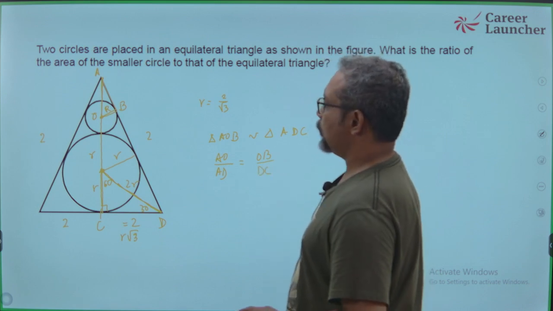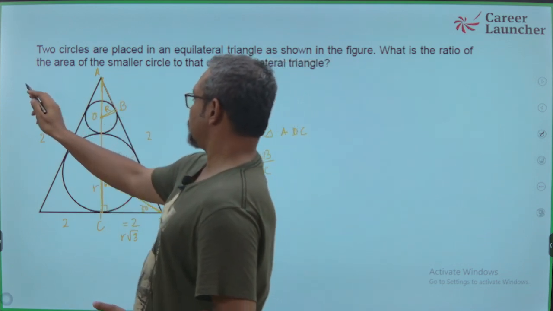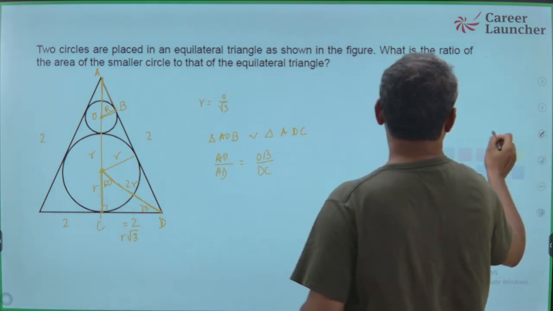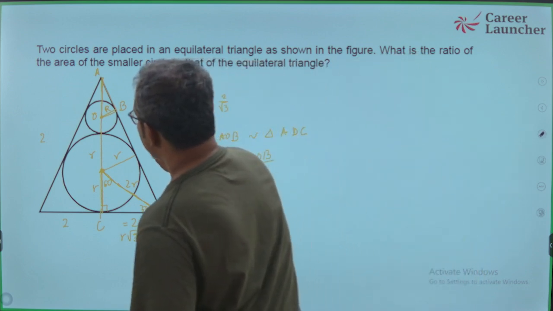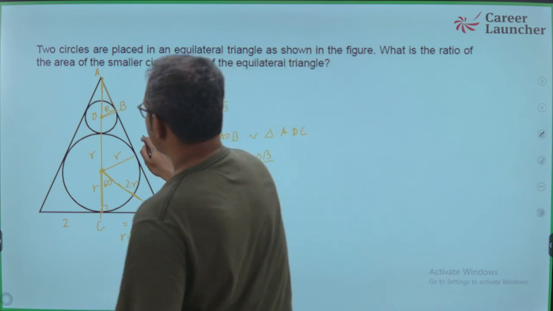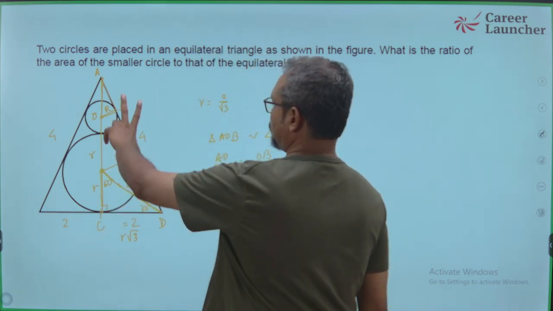Now AO is how much? For an equilateral triangle, we have taken 2 and 2 on each side, so our sides are 4. This base is 4 units, right? This is 2, this is 2, so it's 4, 4 and 4.